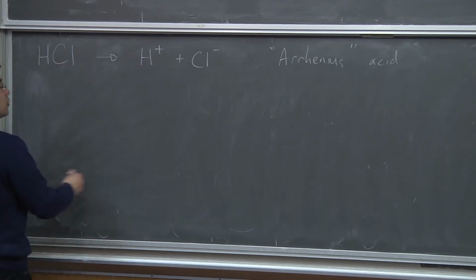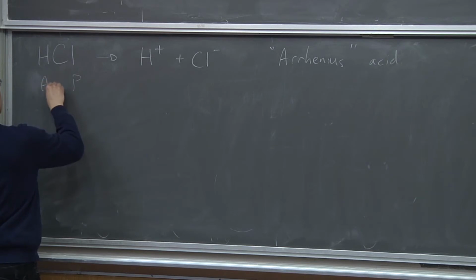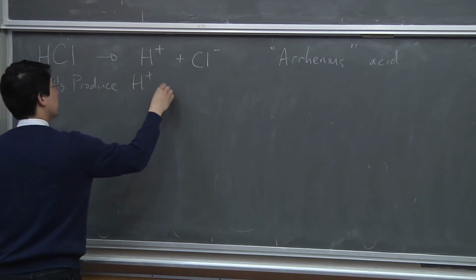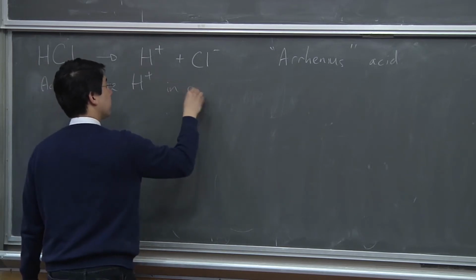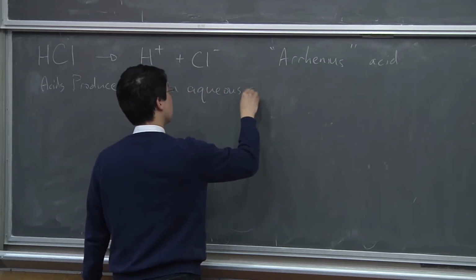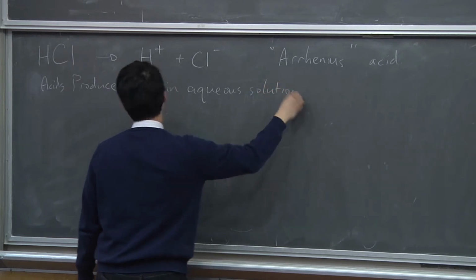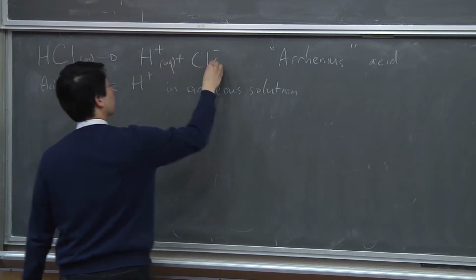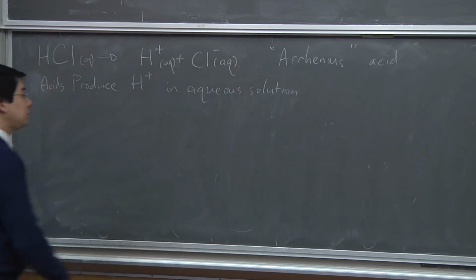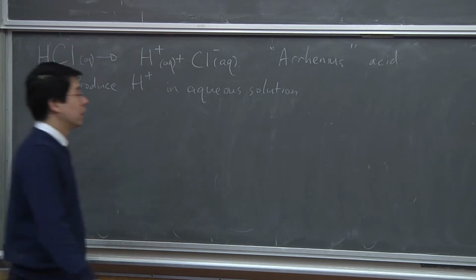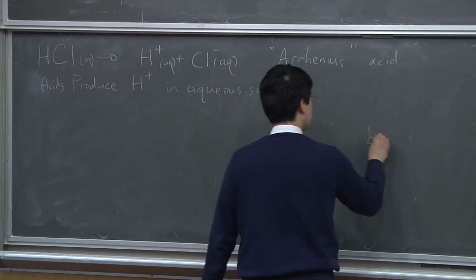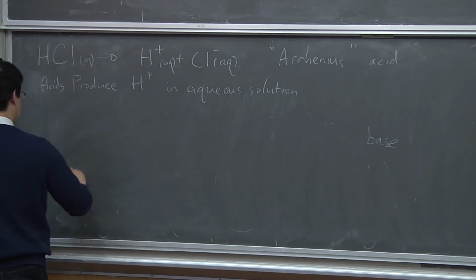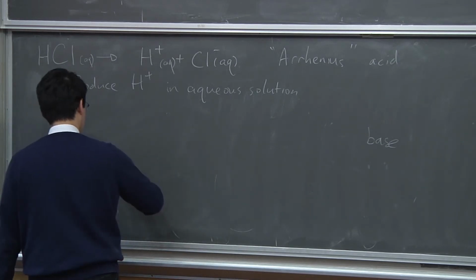And the base. So acids produce H+ in aqueous solution. So that's going to be aqueous, and that's going to be aqueous. And an Arrhenius base is going to produce hydroxide.